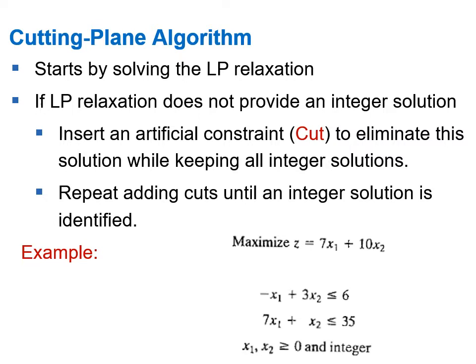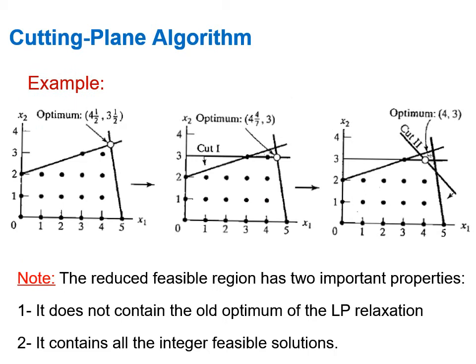In order to illustrate this algorithm, we will consider such an example. This is a maximization problem with two constraints, and x1 and x2 are two integer restricted decision variables. Initially, in the first step, we relax the problem and determine the optimum solution for the LP relaxation.